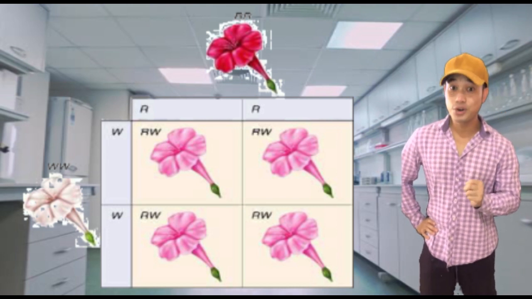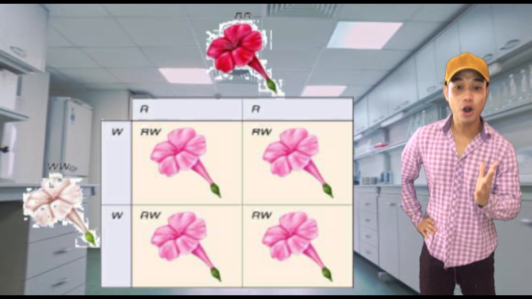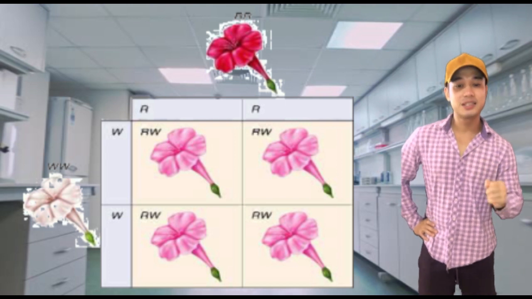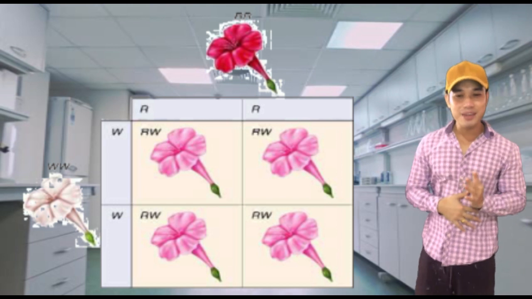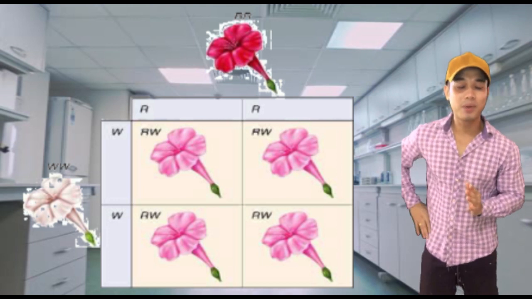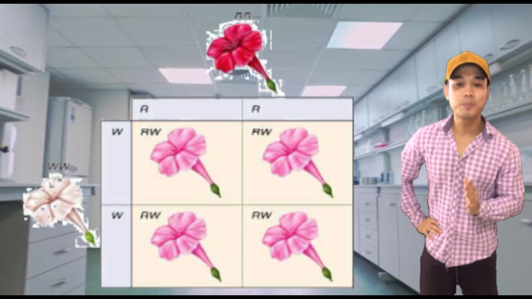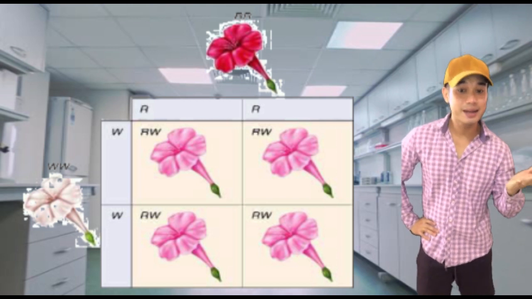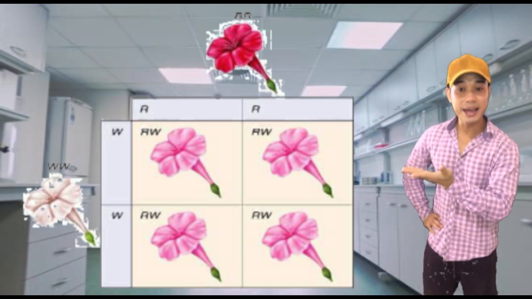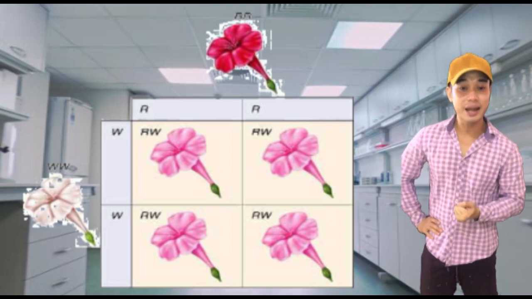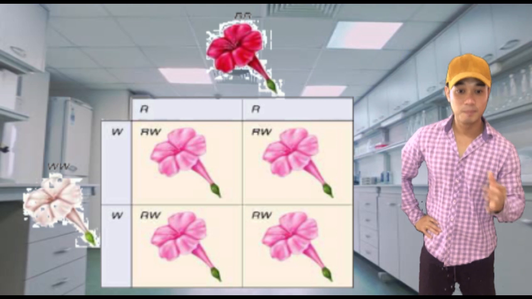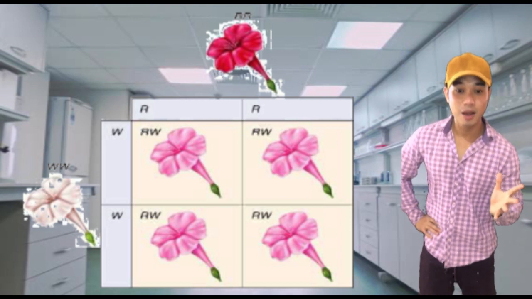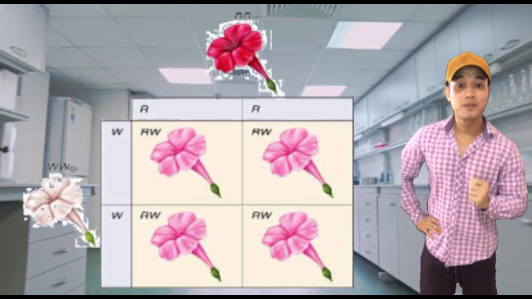When a pure red flowered 4 o'clock plant is crossed with a pure white flowered 4 o'clock plant, the offspring will produce neither the red nor the white flowers. Instead, all flowers will be pink or expressed in a third phenotype.